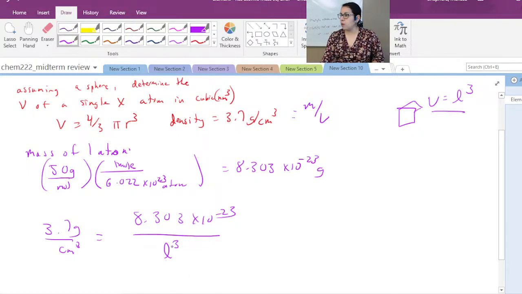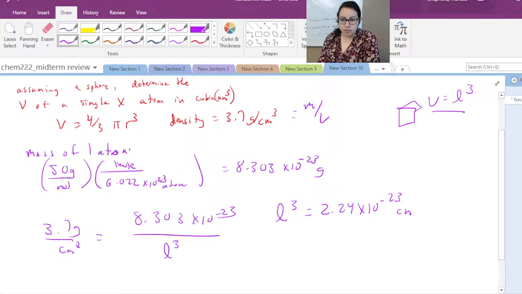We could plug in volume, I just skipped to L cubed. So what do we get for volume? I got 2.244 times 10 to the negative 23rd, and that's in centimeters cubed. Did everyone get volume at least?